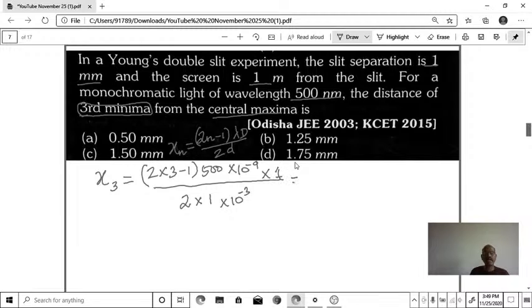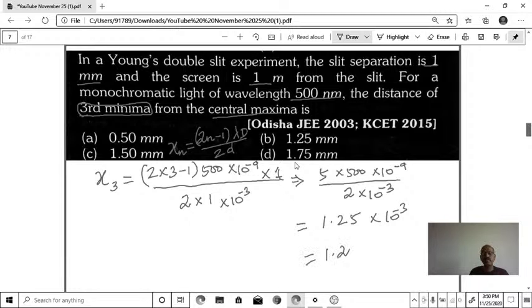Simplify: 2 into 3 minus 1 is 5, so 5 into 500 into 10 power minus 9 by 2 into 10 power minus 3. You will get 1.25 into 10 power minus 3, that is 1.25 millimeter. So option B is the correct one.